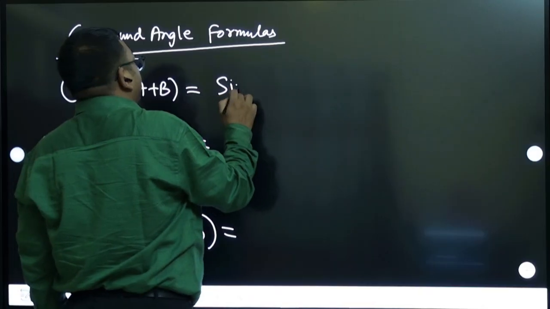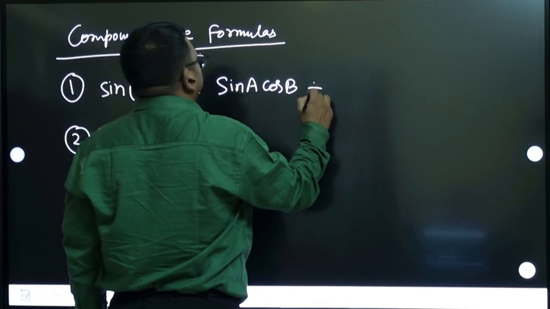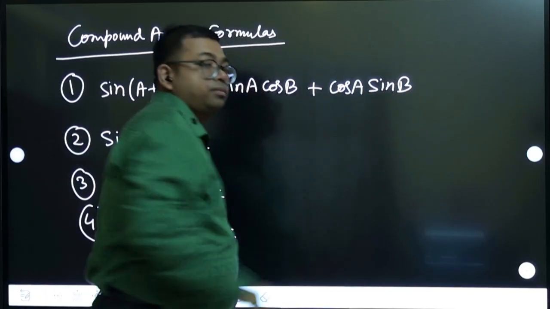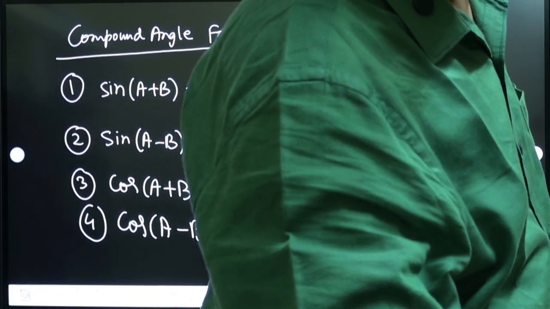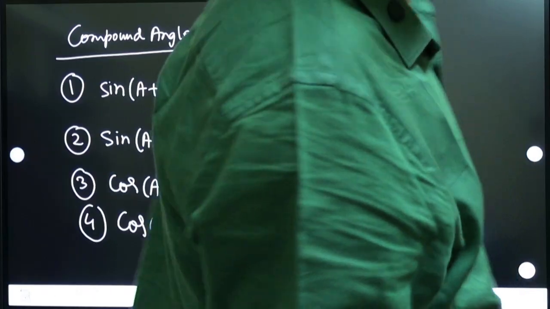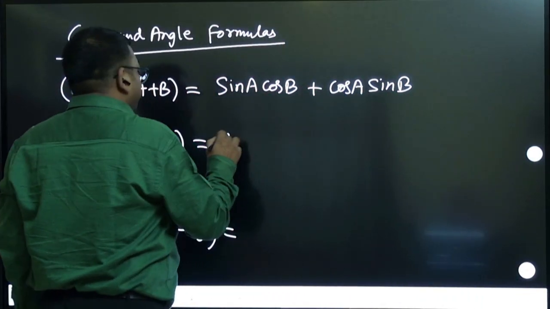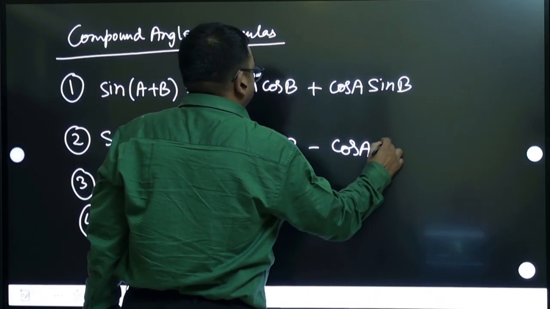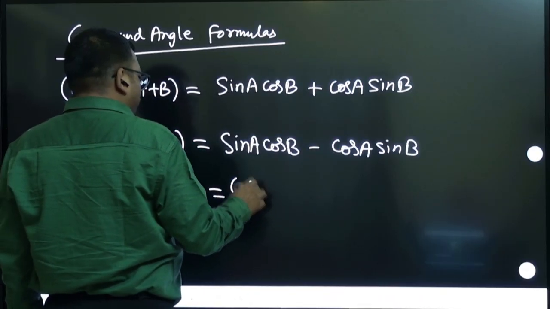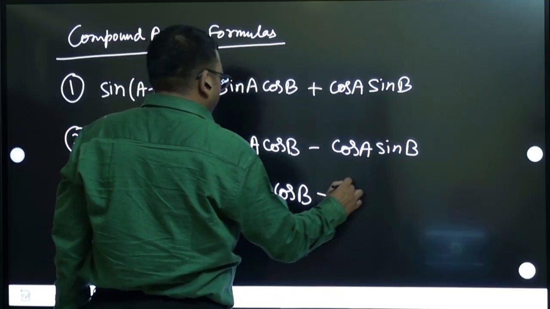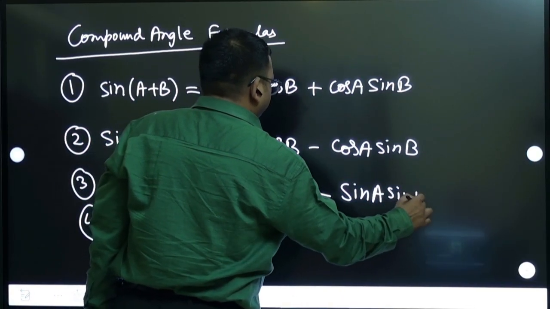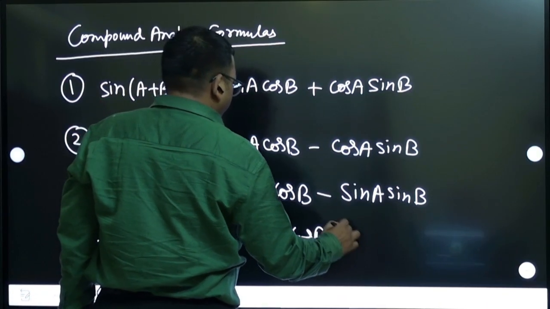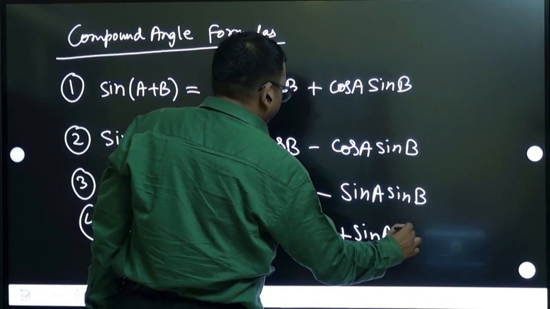Sin A plus B is sin A cos B plus cos A sin B, and sin A minus B is sin A cos B minus cos A sin B. Cos A plus B is cos A cos B minus sin A sin B. Then cos A minus B is cos A cos B plus sin A sin B.